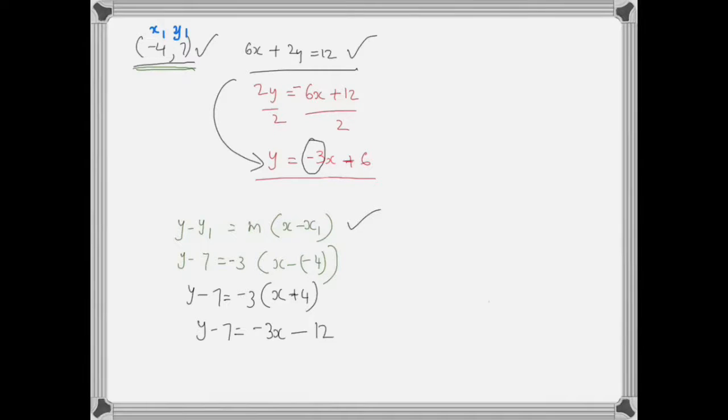When you multiply negative 3 and 4, you get negative 12. If you rearrange this equation, bringing 7 to the other side, y equals negative 3x minus 12 plus 7, which can be written as y equals negative 3x minus 5.